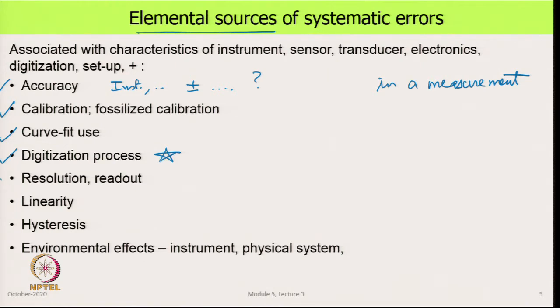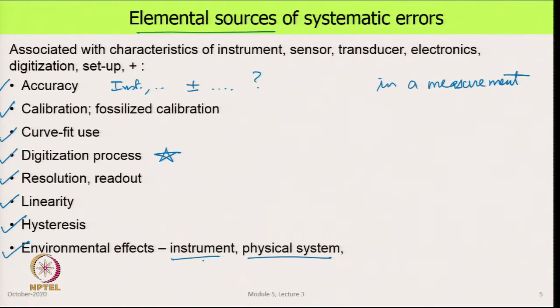Then there is an error coming in because of the resolution and readout. Then there is error due to linearity of the instrument. Then hysteresis effects and environmental effects, which affect both the instrument performance and also the system that we are measuring.